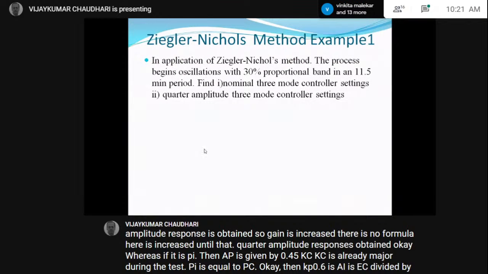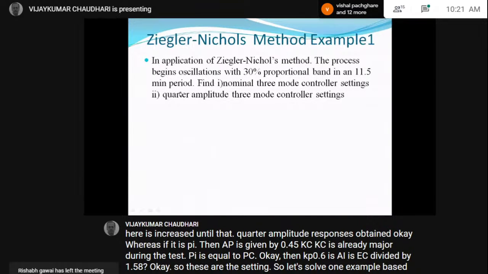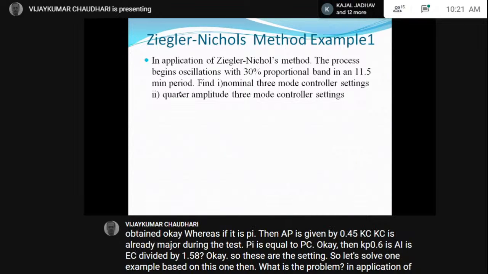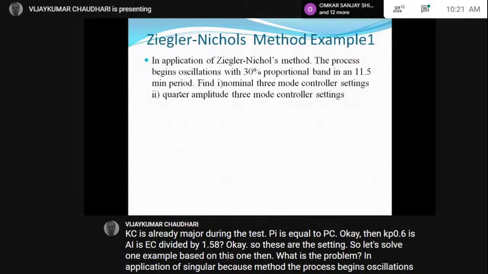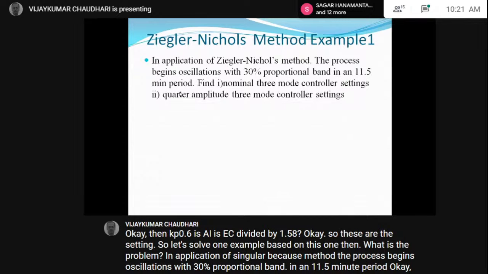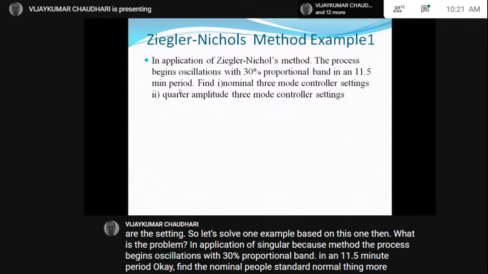So let's solve one example based on this. What is the problem? In application of the Ziegler-Nichols method, the process begins oscillations with 30% proportional band in an 11.5 minute period. Find the nominal three-mode controller settings and quarter amplitude three-mode controller settings.